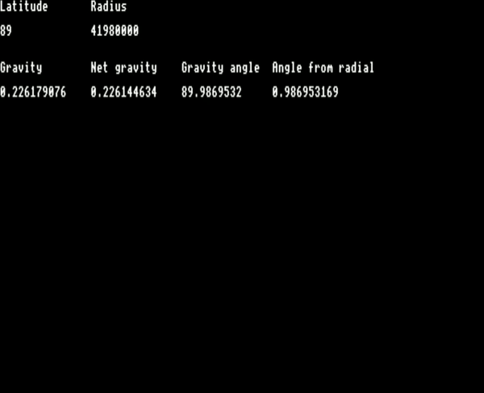And that means that, well, this is because we're 89 degrees from the equator, so our actual distance from the Earth's axis of rotation is tiny, centripetal acceleration is tiny, it can be pretty much neglected, and that means both the actual gravity and net gravity are in the same direction. Net gravity, it's a good enough name for it.